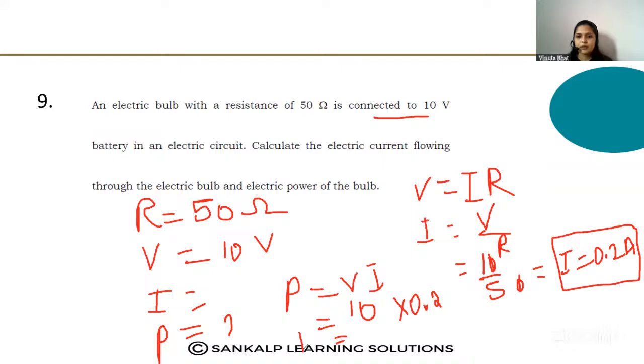Then power is equal to 10 into 0.2, that is 2 watt. What is the power? That is 2 watt. And the current flowing through this is 0.2 ampere. So these are the correct answers for this question.